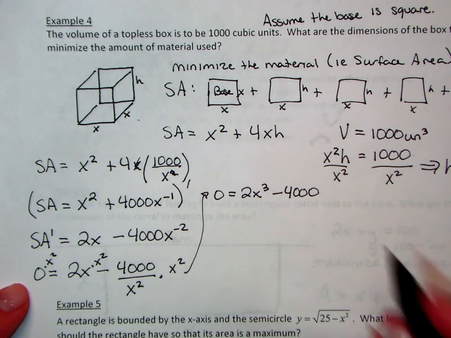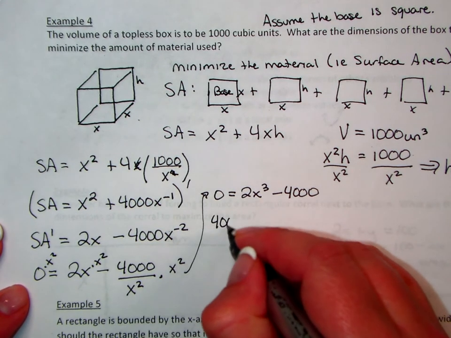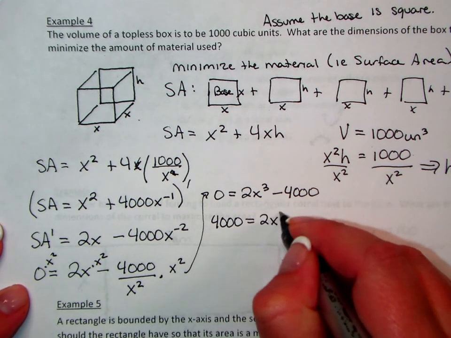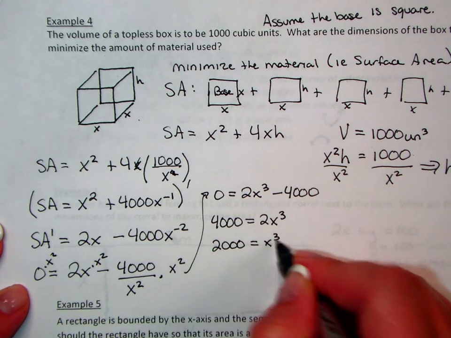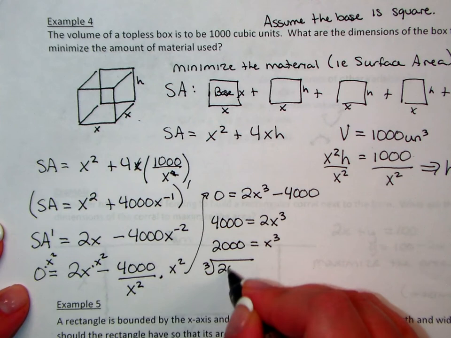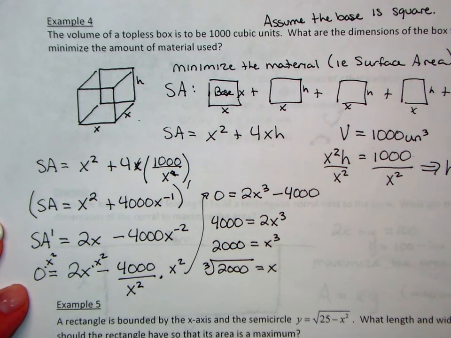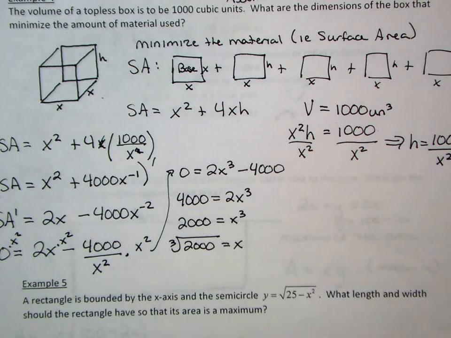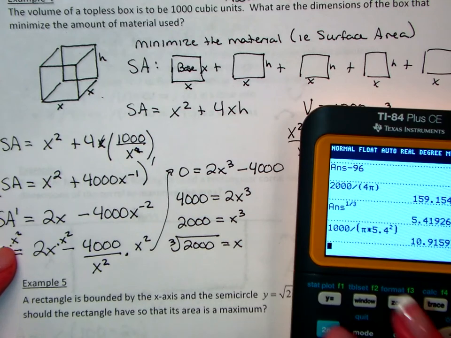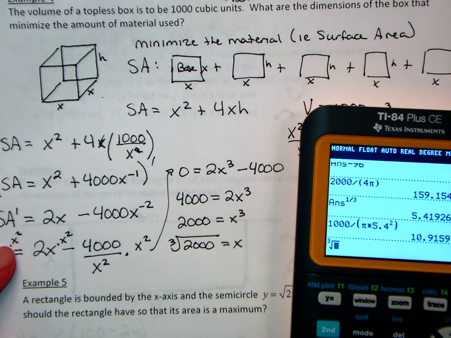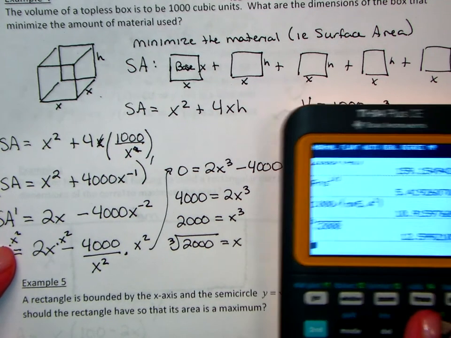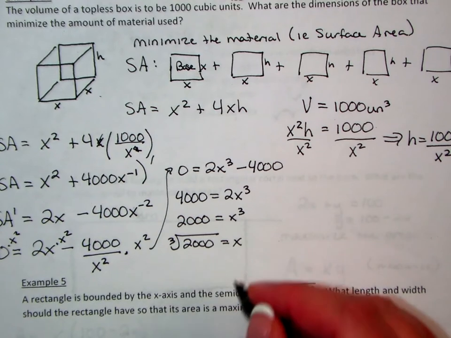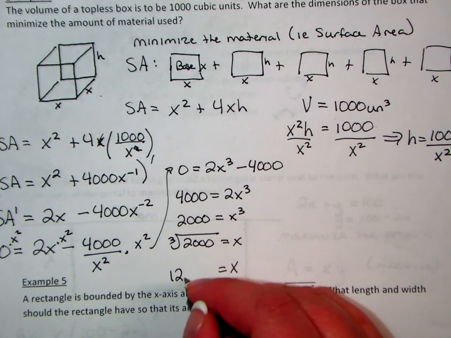Solving for x, we add 4,000 to both sides, divide by 2, and take the cube root. I get a critical number, the cube root of 2,000, which is 12.6. I'm just going to round that. So x equals 12.6.